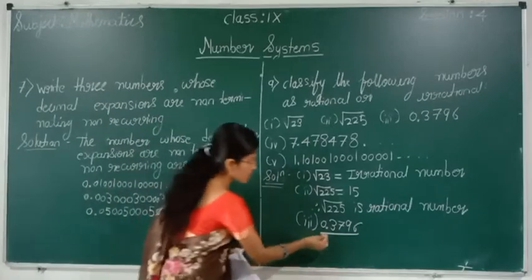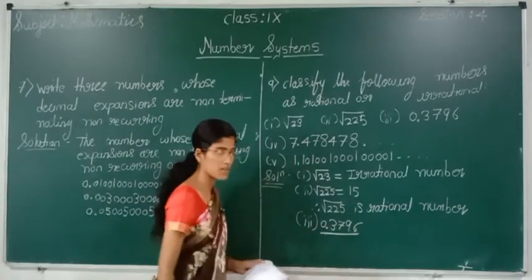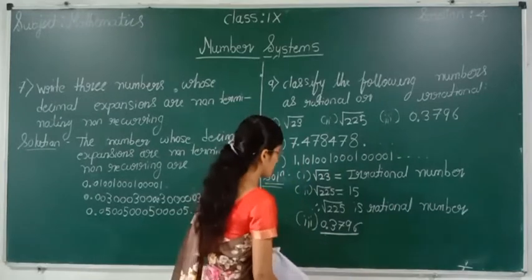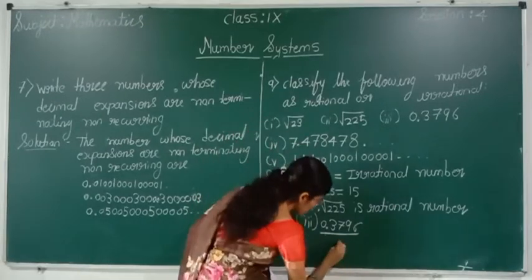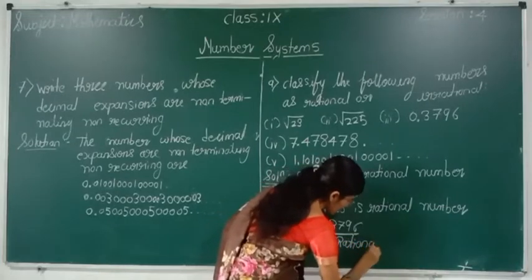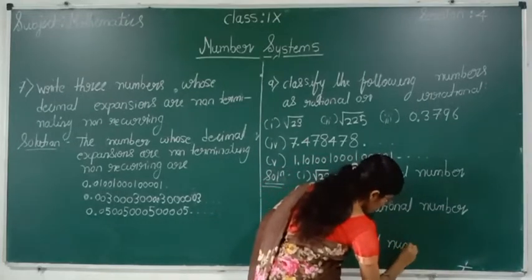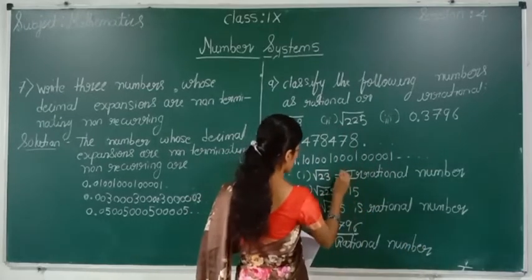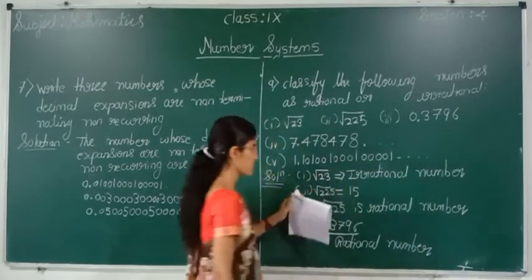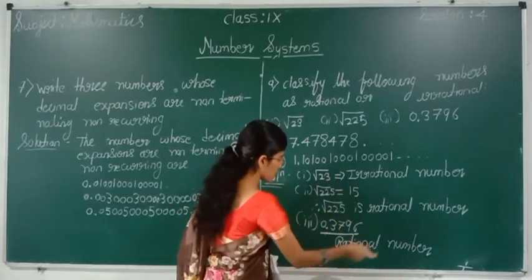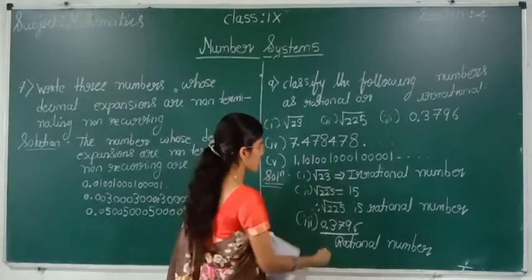Here it is terminating, so this is definitely a rational number. First one is an irrational number, second one is a rational number, third one is also a rational number.